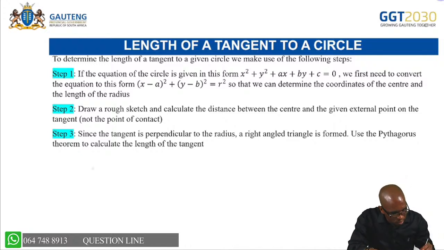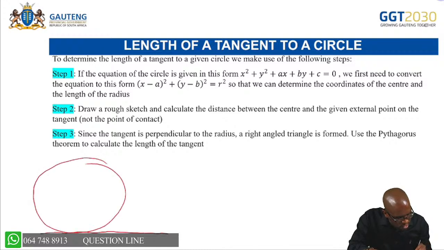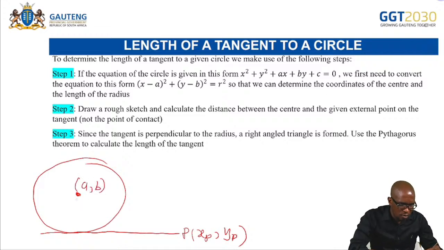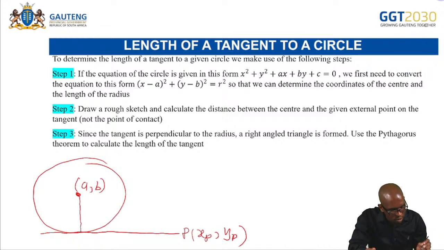Now, if we can visualize this, if we have this tangent and we are given a point P, x at P, y at P, and then we are given the center. In this case, the center is A, B. And then now, if we work out from the equation of the circle the length of the radius, we know that the radius is perpendicular to the tangent.